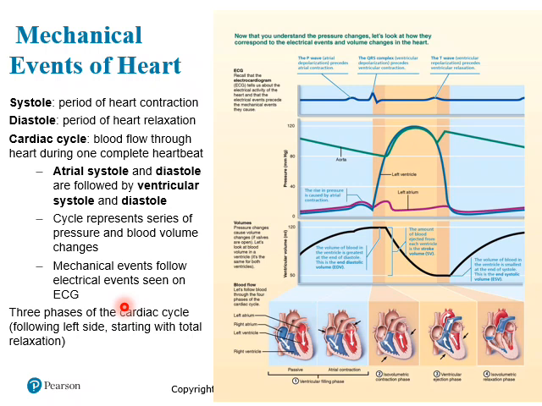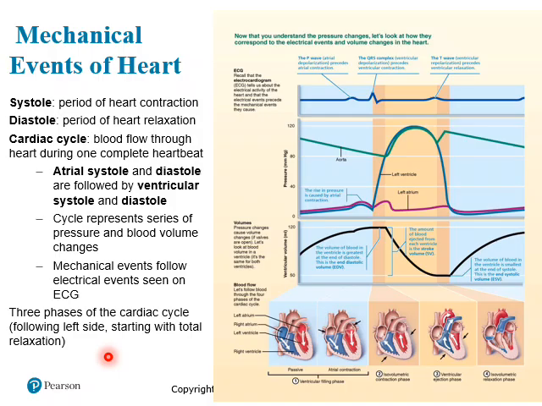The cardiac cycle is the blood flow through the heart for one complete heartbeat. First you have your atrial systole and then diastole, followed by ventricular systole and diastole. A cycle represents a series of pressure and blood volume changes.